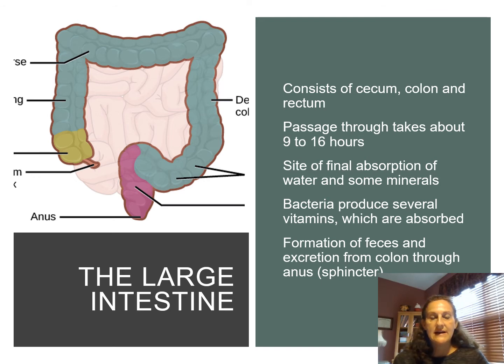And then the next step for the large intestine is that feces are formed and excreted through the anal sphincter. So this whole process results in the ingestion and absorption of the macronutrients, carbohydrate, fat, and protein, at about 95% of absorption.